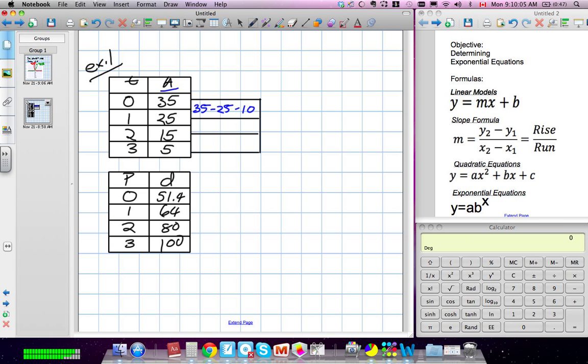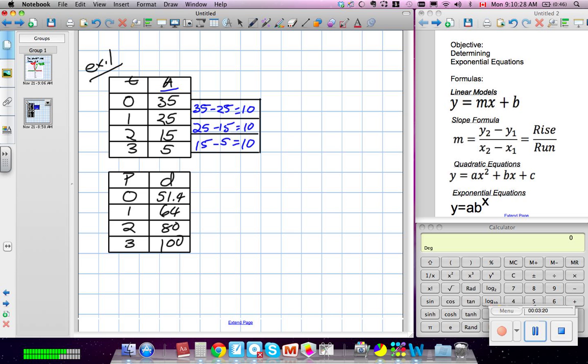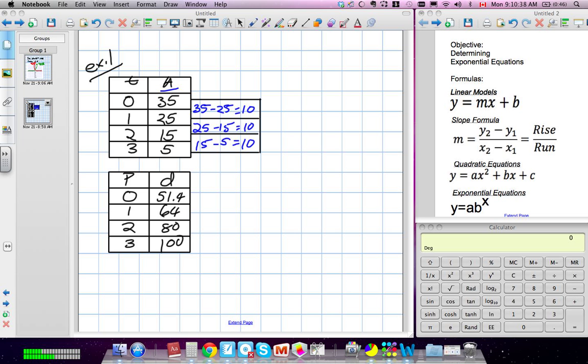And finally, 15 from 5 gives us 10. Since these are all the same, what kind of model do we know this is? Okay, so because our first differences are the same, we know this is linear.